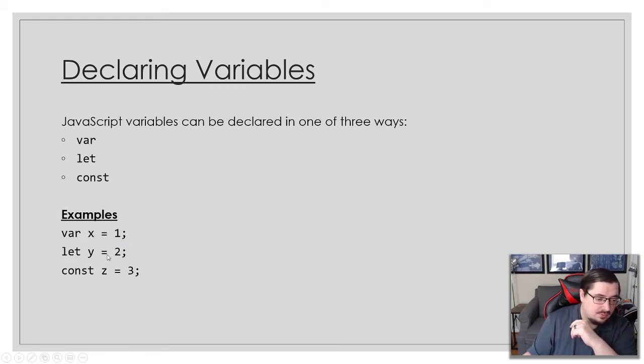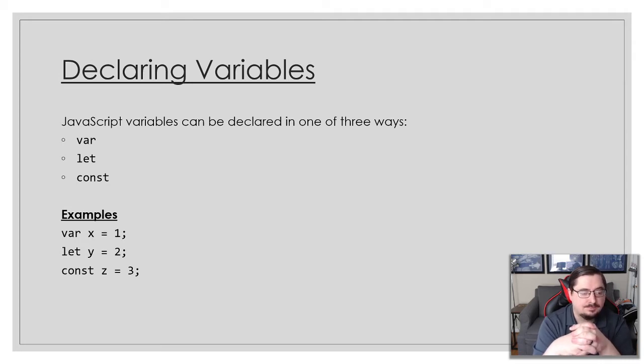I'm declaring y, assigning a value 2, declaring a variable z, and assigning it a value of 3. Now notice that I said z is a variable. A lot of people get that confused. z is technically a variable even though I used that const keyword. That doesn't mean it's a constant in the sense that you're used to. It means it's a variable that can't change after it's been assigned.